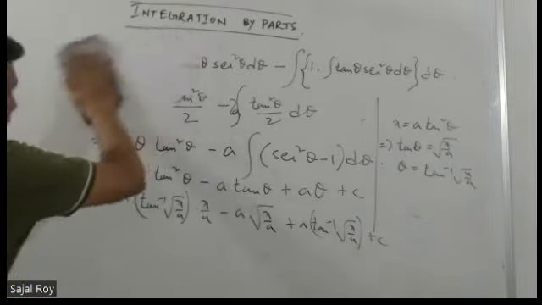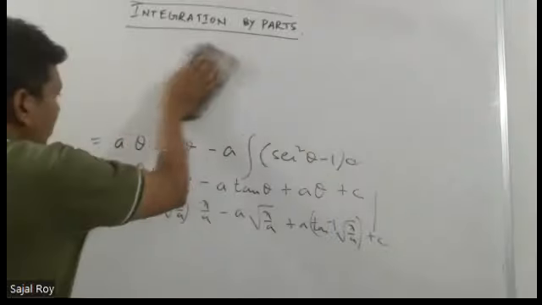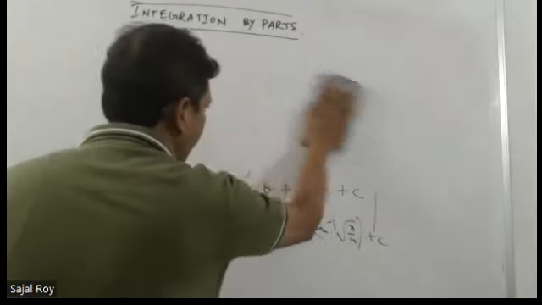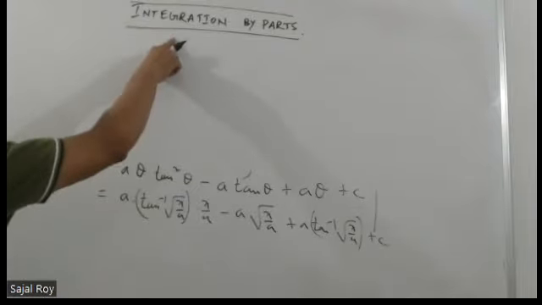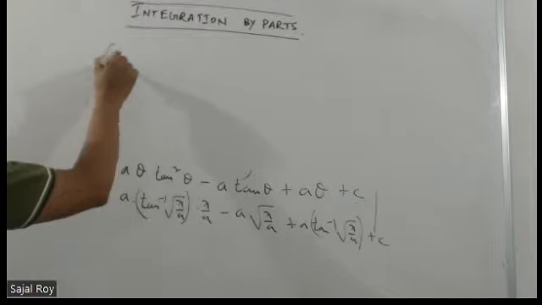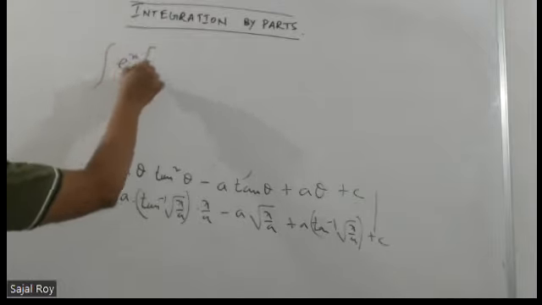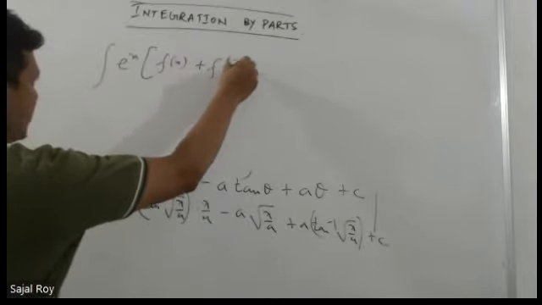That was a good problem, very good problem, and a very standard problem actually. Integration of inverse functions requires a knowledge of by parts. Maximum problems will be solved by this. Next, I will use by parts, but with some cancellation. Suppose you have exponential function into f x plus f prime x, that is the derivative.